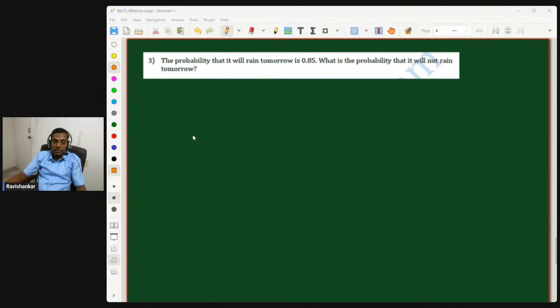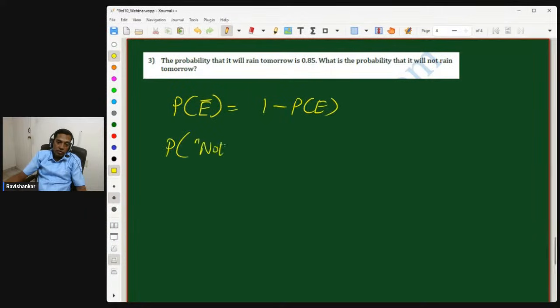Okay, this is fairly straightforward. It's a 1 mark question. P of E bar we know is 1 minus P of E. So P of not raining tomorrow is 1 minus P of it will rain tomorrow.